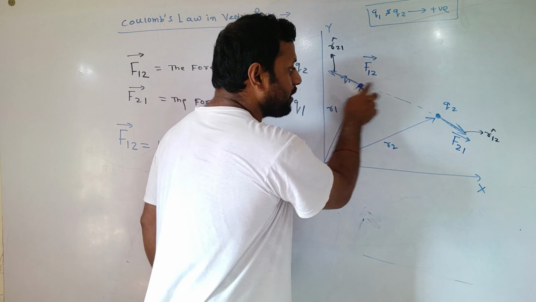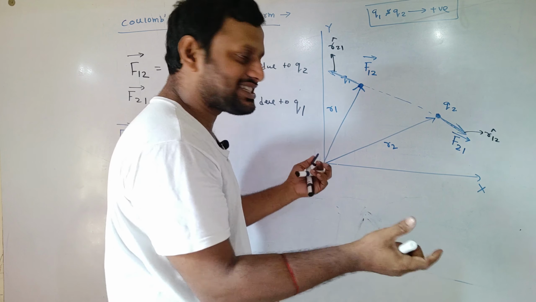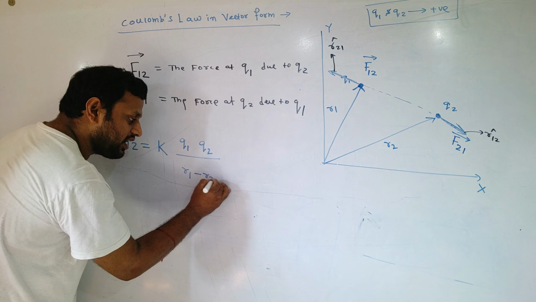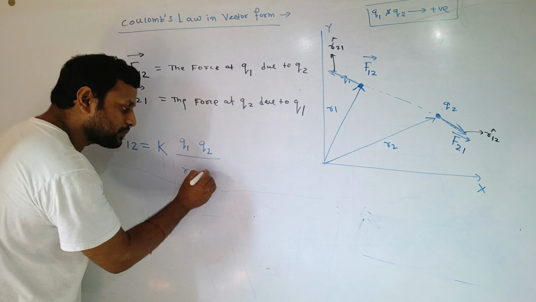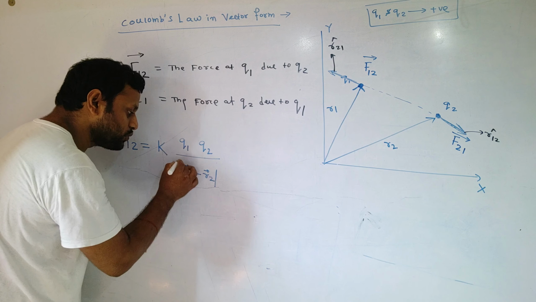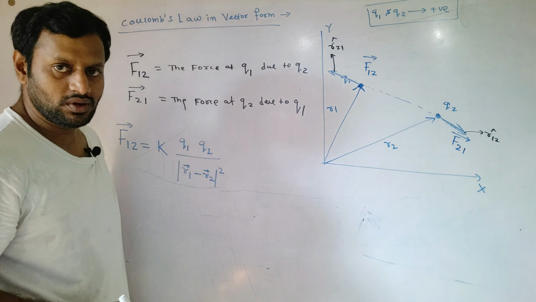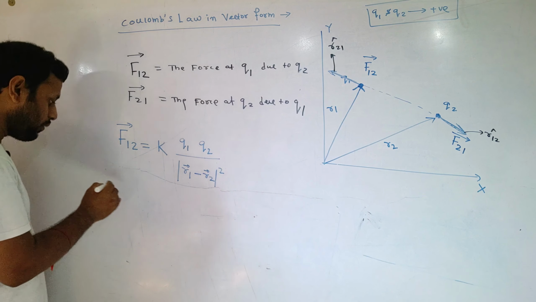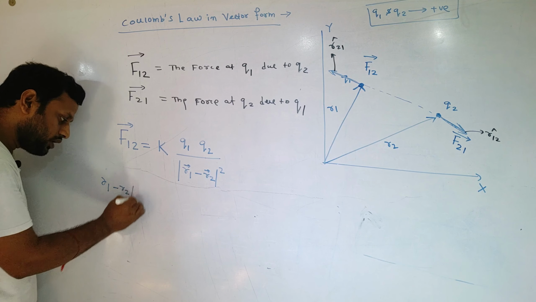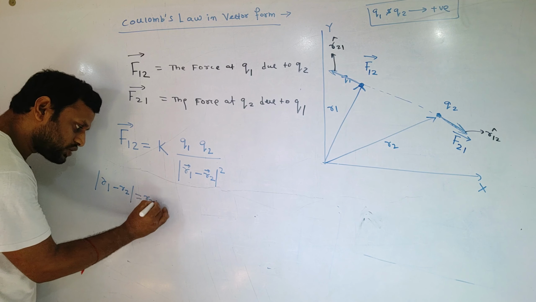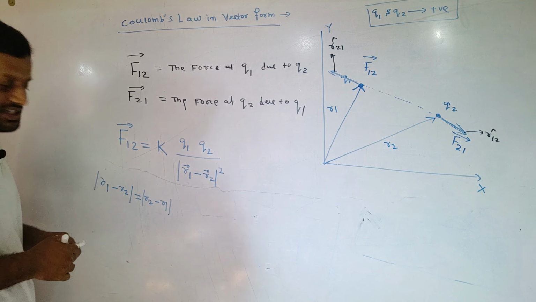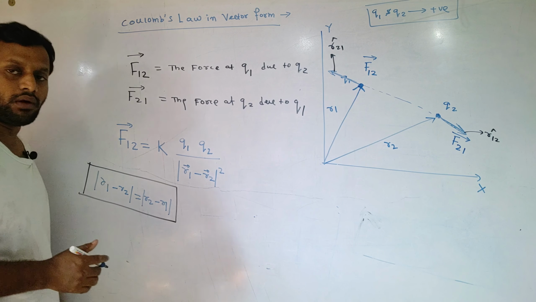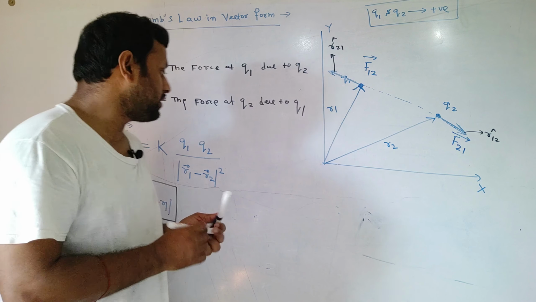This position vector is r1 and this position vector is r2, so the distance between them is mod of r1 minus r2, because these are position vectors. Mod of r1 minus r2 is the same as mod of r2 minus r1, because it is distance.